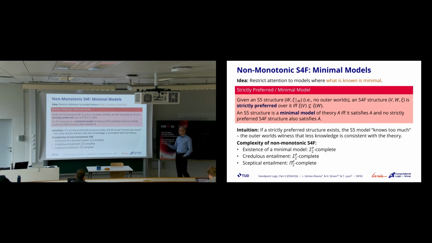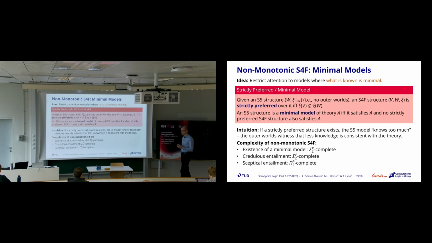And then Truszczynski, Marek and Schwarz showed that this logic has computational properties. So it's slightly more complex than standard propositional logic, but that is not an issue because many other non-monotonic logics are also more complex. And typically, the increase in complexity is one level of the polynomial hierarchy, which is exactly what we see here.